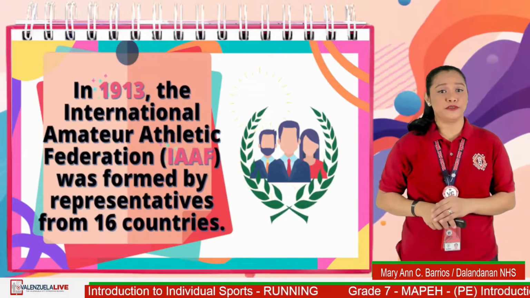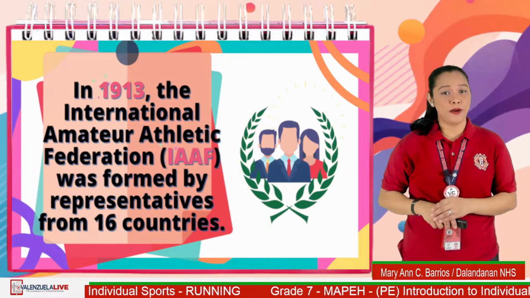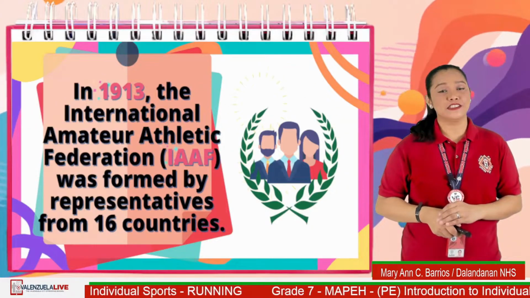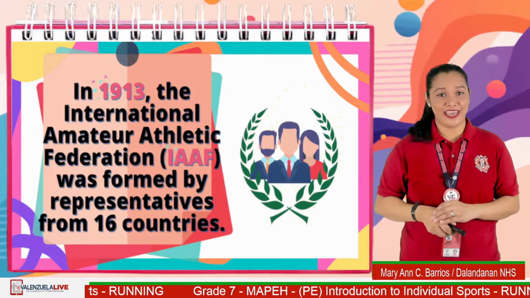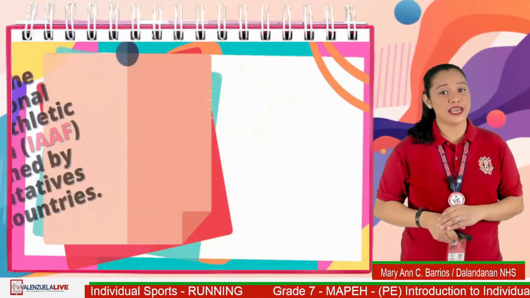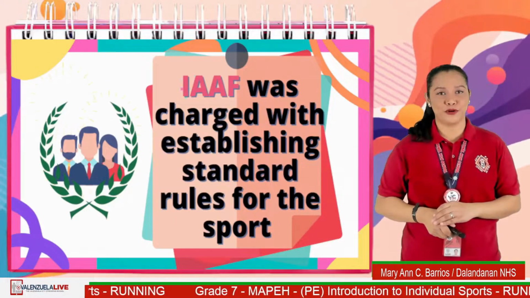Throughout the latter part of the 18th century, track and field, including running, took a prominent place in the field of sports. In 1913, the International Amateur Athletics Federation, or IAAF, was formed by representatives from 16 countries. The IAAF was charged with establishing standard rules for the sport.